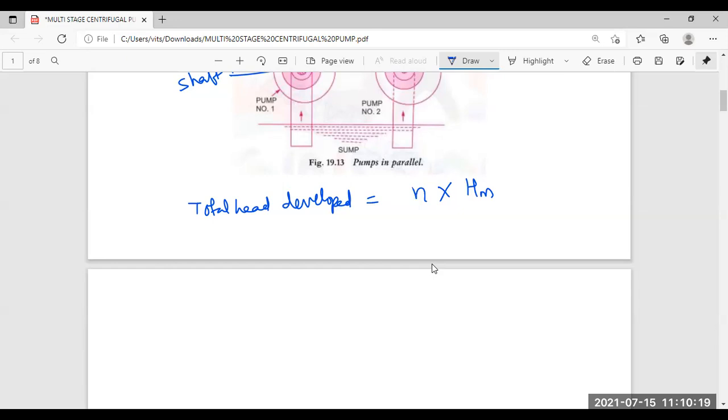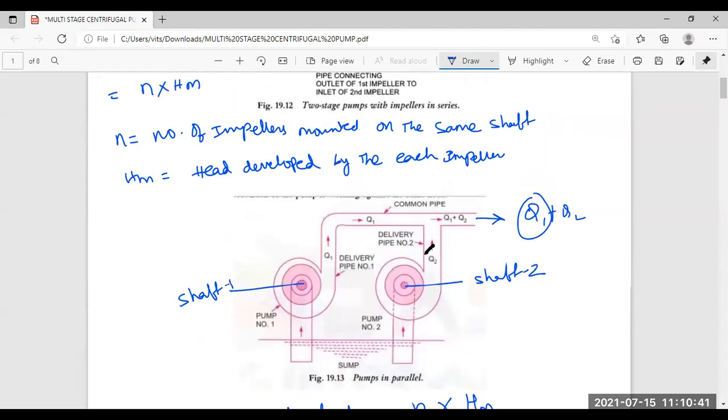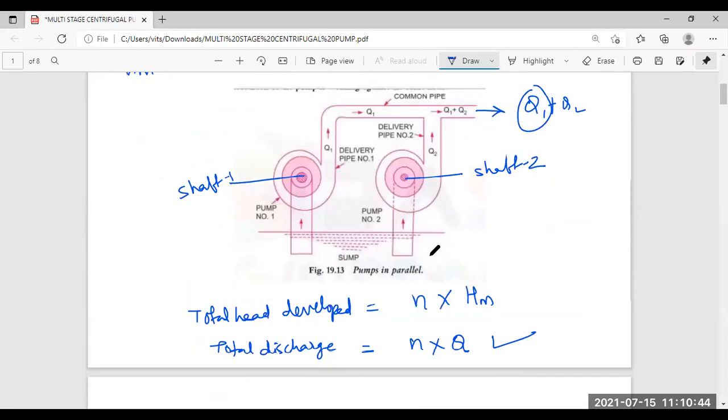And also the total discharge for this case is N into Q, where N is the number of impellers and Q is the discharge in each impeller. So this is the parallel arrangement. This is about the multi-stage centrifugal pump.